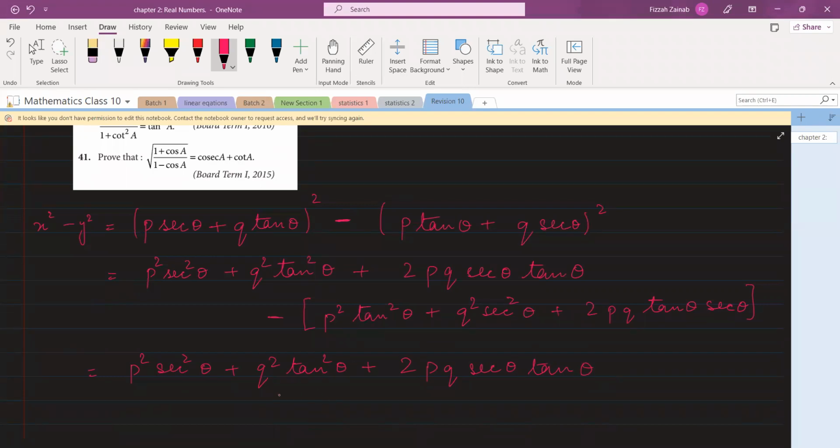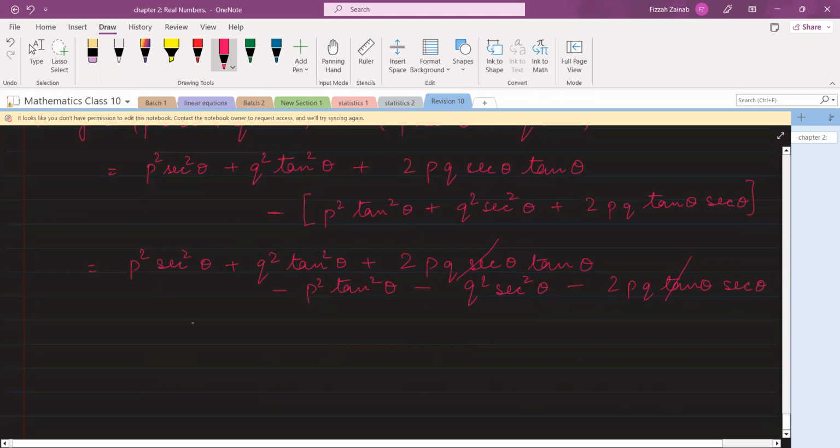Now this is minus p square tan square theta minus q square sec square theta minus 2pq tan theta sec theta. So all terms are minus now. So this term is same, right? Yeah. This will cancel. Now you are left with p square sec square theta.